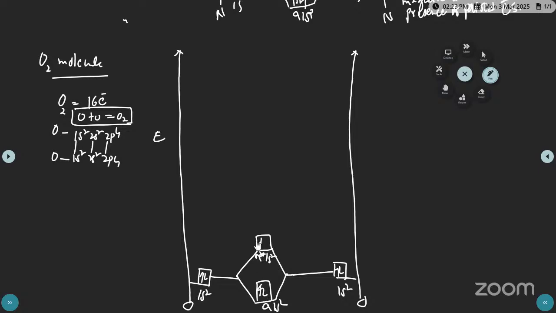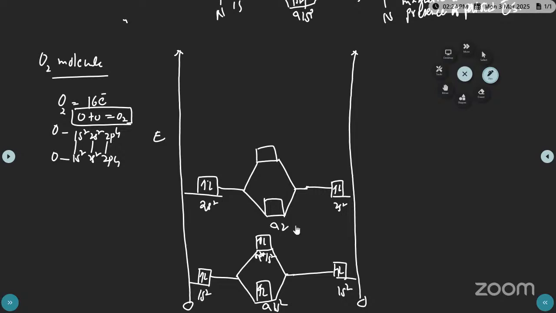Next, the 2s orbitals: the 2s2 atomic orbital of one oxygen and the 2s2 atomic orbital of the second oxygen are linearly combined together like this. So this is sigma 2s2 and this is sigma star 2s2, 2 electrons and 2 electrons.